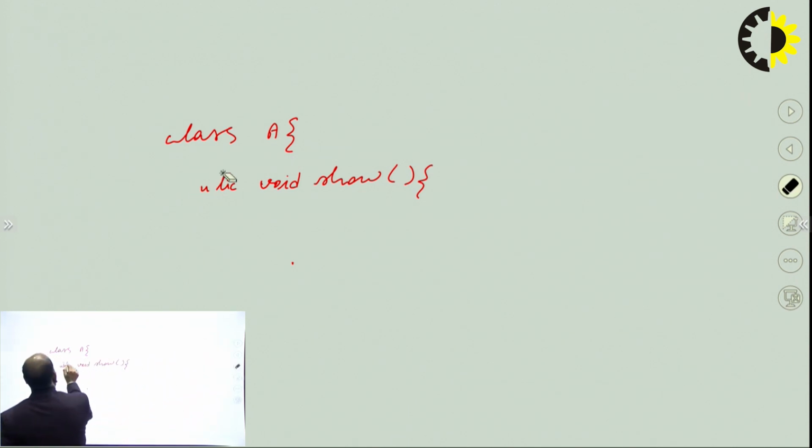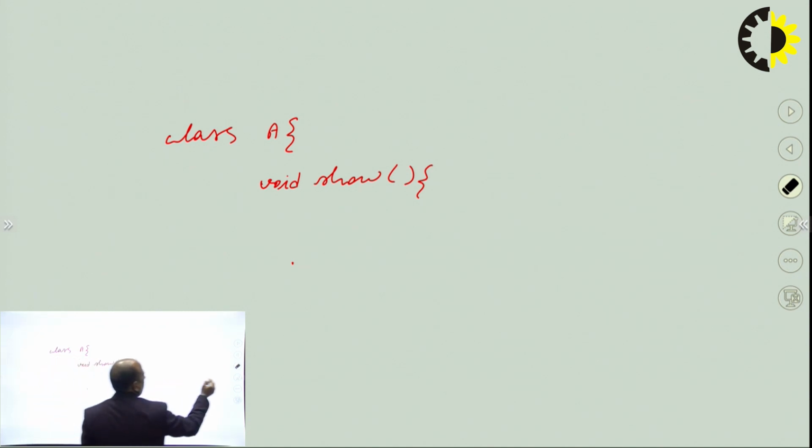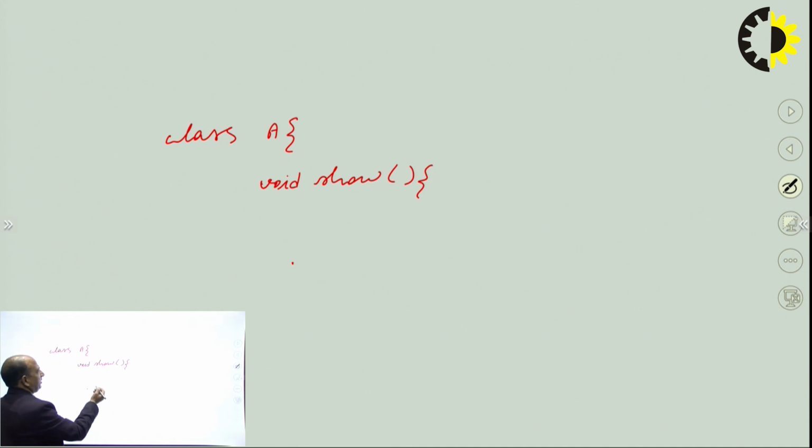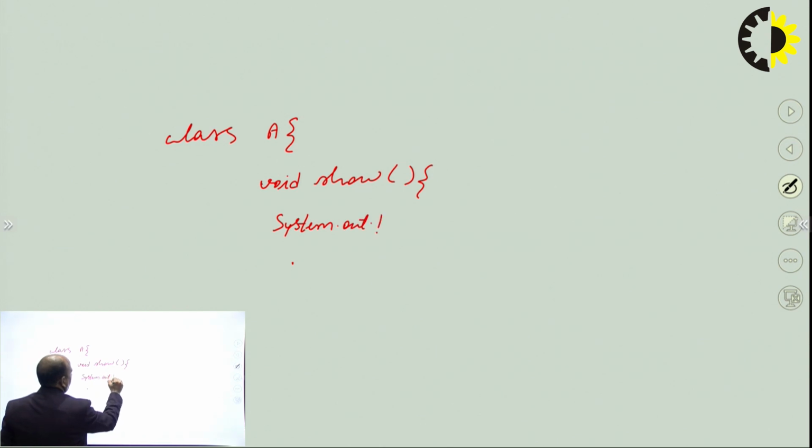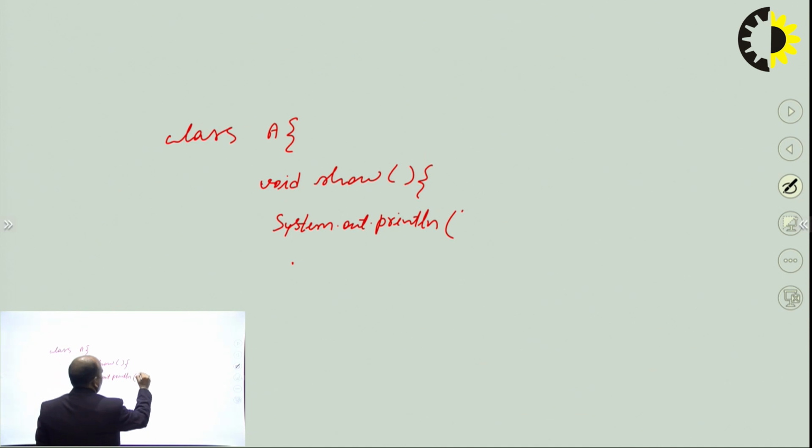Now, I am not writing public once I explain what the access specifier is, then I will explain it. Here I have written System.out.println, hello A.